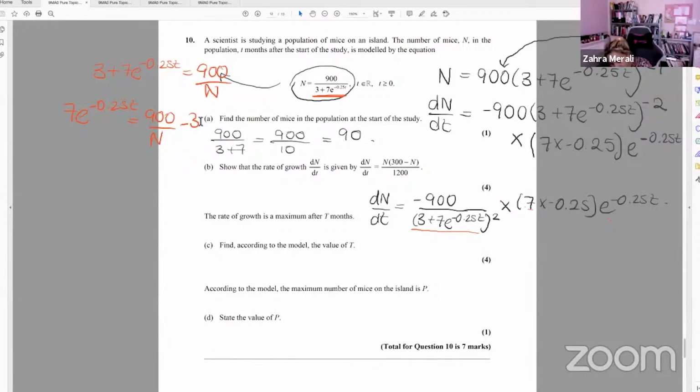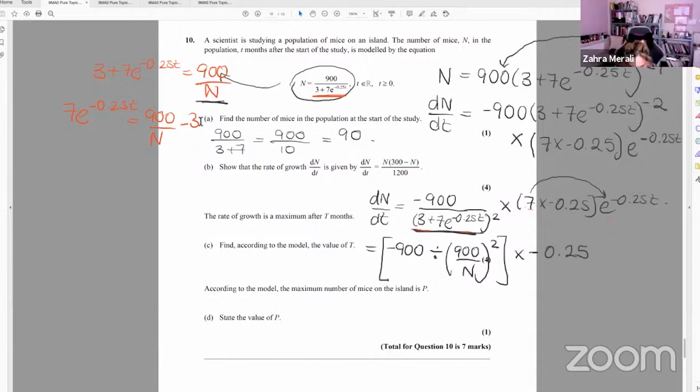So I end up with minus 900 divided by 900 over N, squared. So that's substituting that in. We can sort that out in a second. Multiplied by, and I can put the 7 with the e^(−0.25t). So if we leave the minus 0.25 outside, and 7e^(−0.25t), which we said was 900 over N minus 3. Okay.